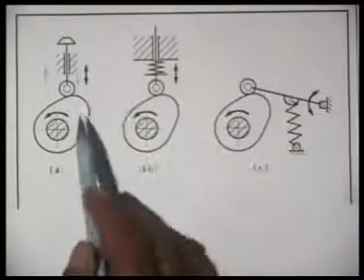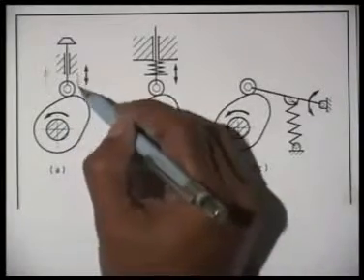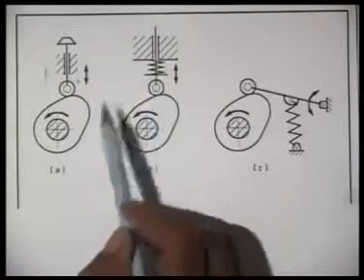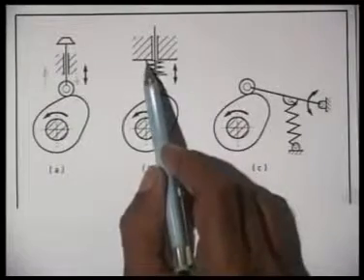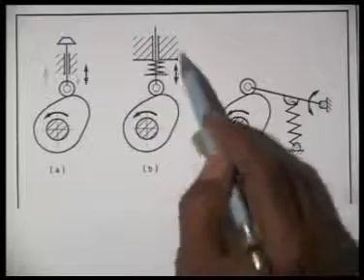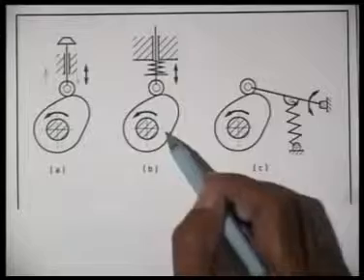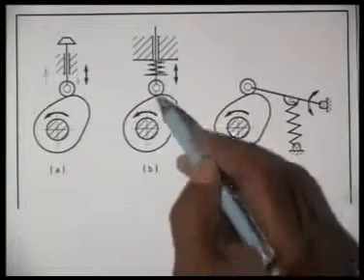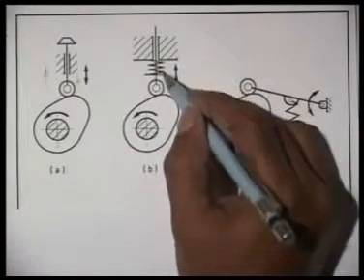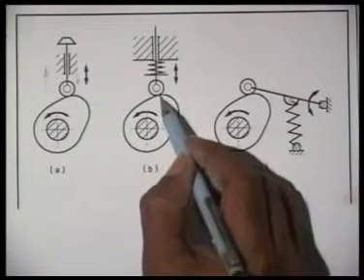To ensure that the contact is always maintained during the upward motion and the downward motion of the follower, normally we use springs. The spring is connected between this guide and the follower such that when the cam is rotated, the follower goes up, the spring is compressed. So when the cam shape is such that the follower wants to come down, it is this spring which will try to return it back, ensuring that the contact between the cam and the roller is never lost.